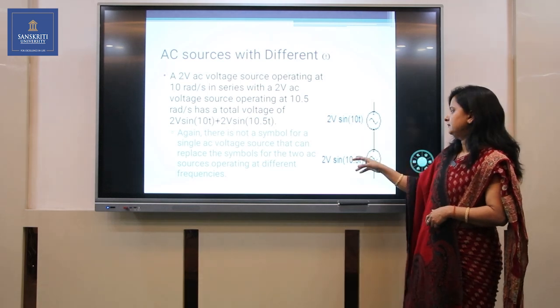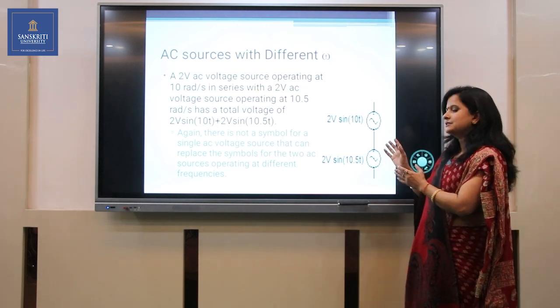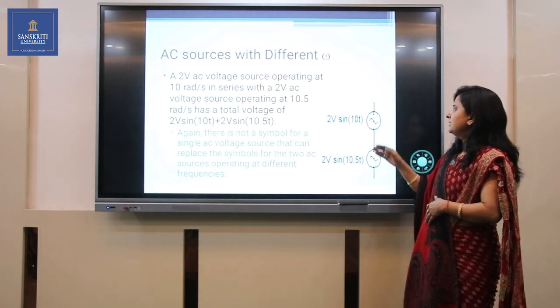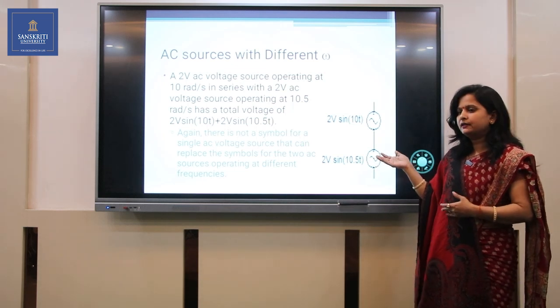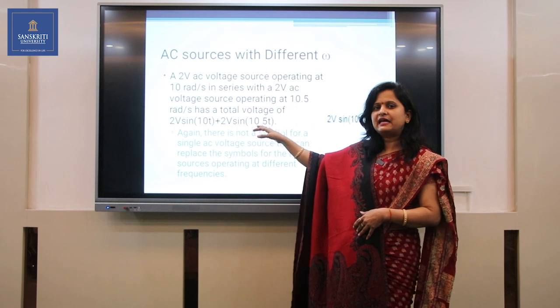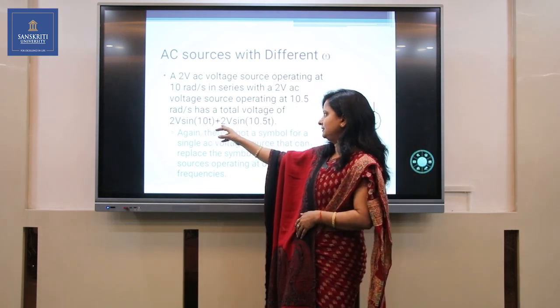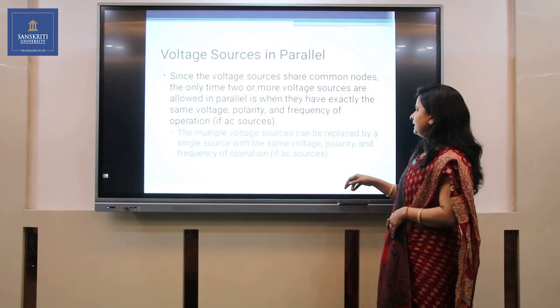Here it is 10, here it is 10.5. So there is not even a single formula or a single symbol which can represent these two voltage sources altogether. What can we do here? We should add these voltage sources in a separate manner, like 2V sine 10t plus 2V sine 10.5t, right?